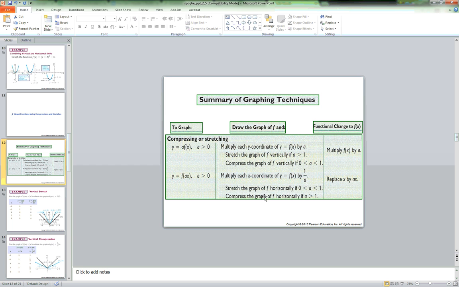So that stretches our graph horizontally if a is between 0 and 1, and it compresses the graph horizontally if a is greater than 1. Anytime you do something horizontally to your graph, you're doing it to the interior of the function. So you're replacing x with another value, and in this case, we're replacing it with a times x. So let's see how that looks.